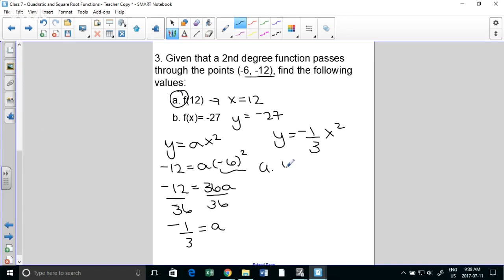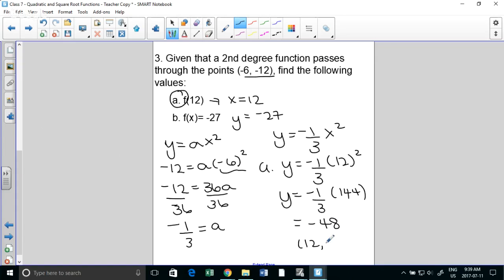So to solve for this value, I would plug in 12 here as the x. So I get -1/3 of 144, which gives me -48.